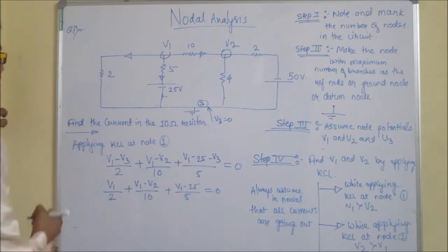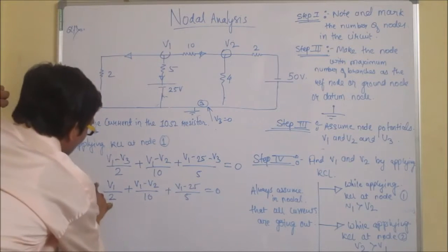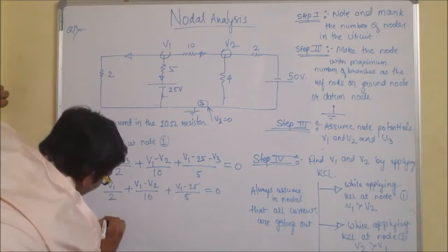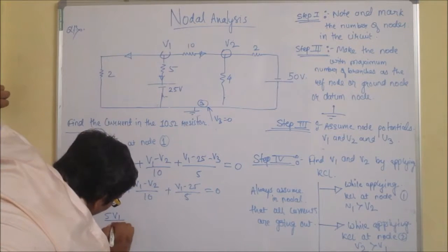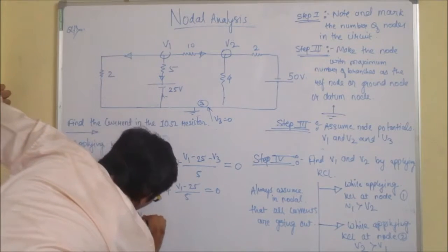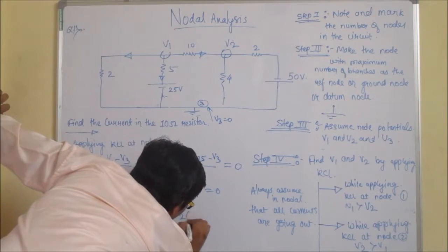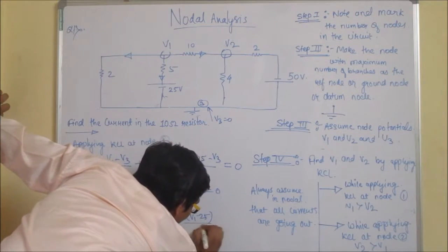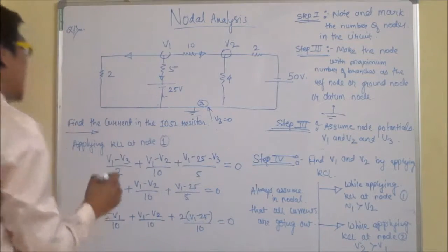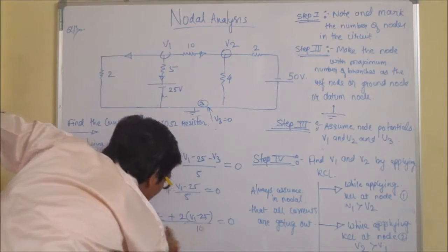Now see, in such a situation what to do? They are fractional, so I will try to make my denominator the same. I will try to make my denominator 10. I will multiply this by 5, so this will be 5V1/10 plus this I will keep as it is plus 2 into (V1 minus 25)/10 is equal to 0. As the denominator is the same, I will just make this bracket common.